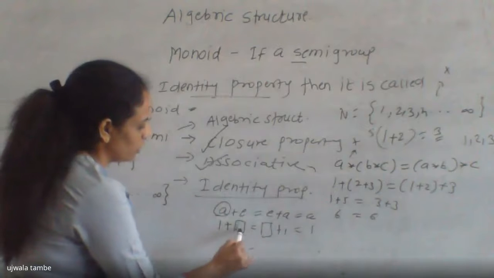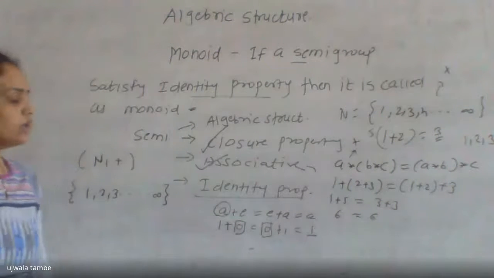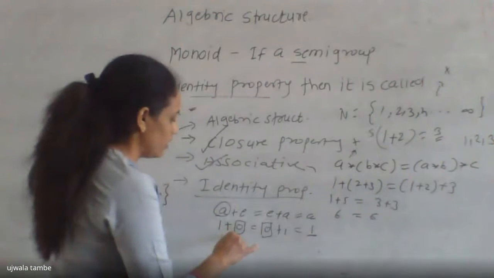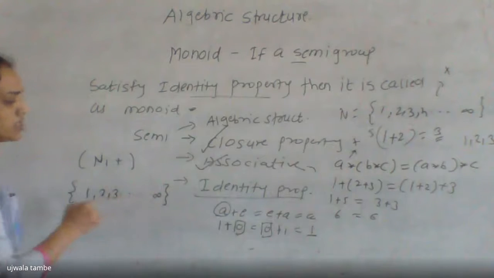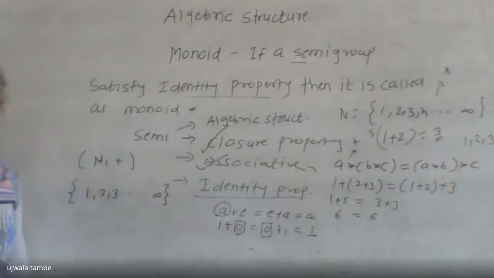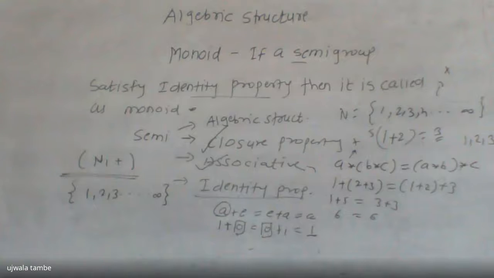As we know, if we put 0 here, it gives us that element itself, right? So for the identity element, we require 0. But in the set of natural numbers, 0 is not available, right? So this is not a monoid. Okay. So N comma plus is not a monoid. Now you have to check the multiplication operation. Check whether N comma multiplication is a monoid or not.